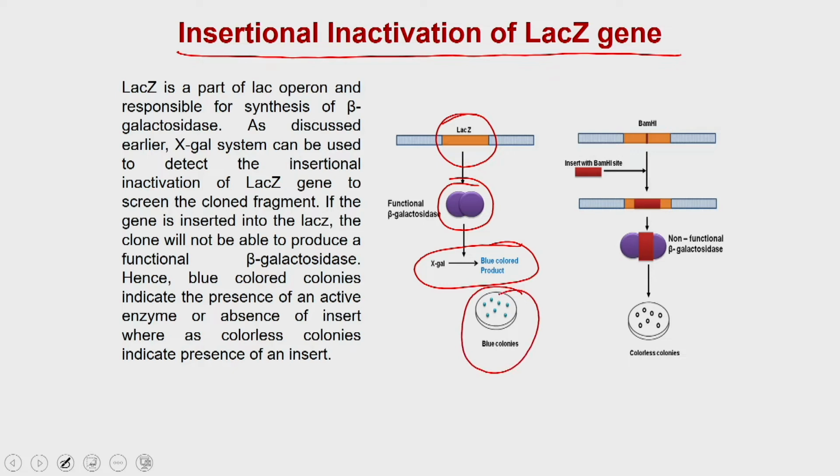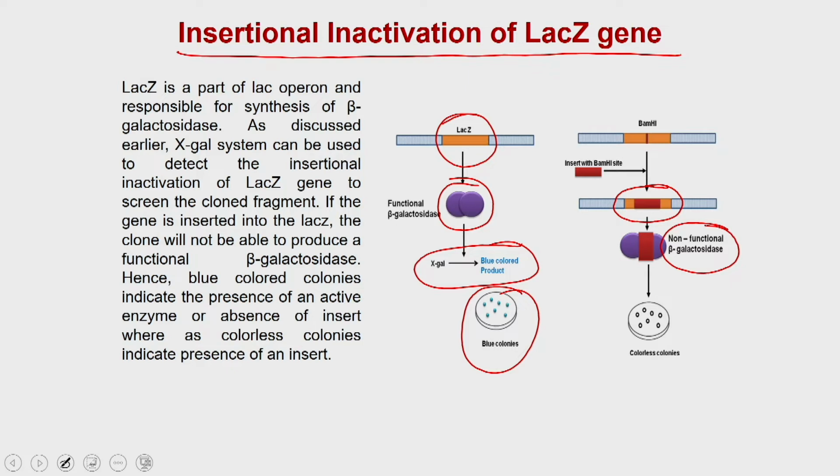Whereas, if you are using a BamHI site and inserting your gene within the lacZ site, you are going to produce a recombinant DNA, but in this process you have destroyed the lacZ gene, and as a result you are not going to produce the functional beta-galactosidase.